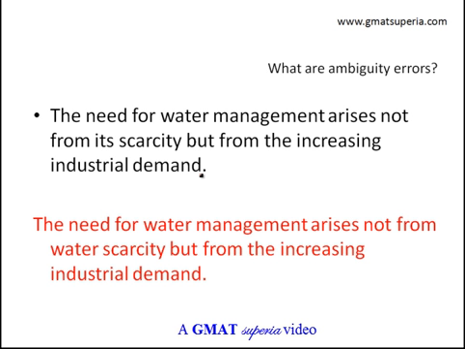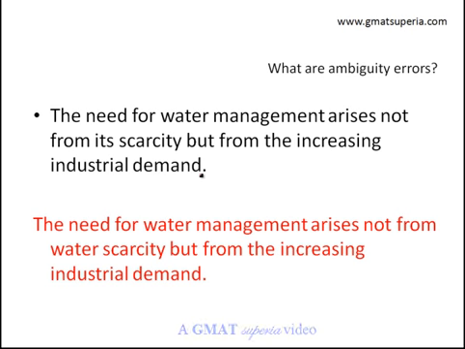Now let's take a look at one of the error types, ambiguity errors. What are they? Now let's study the two sentences. Okay, the first one, the modified version is in red. The need for water management rises not from its scarcity but from the increasing industrial demand.